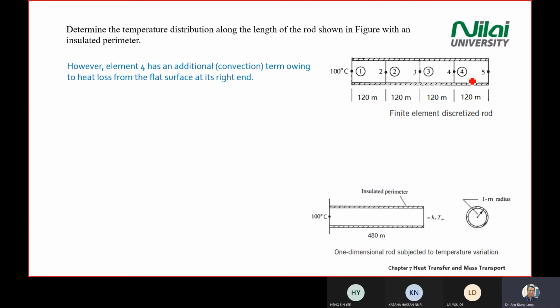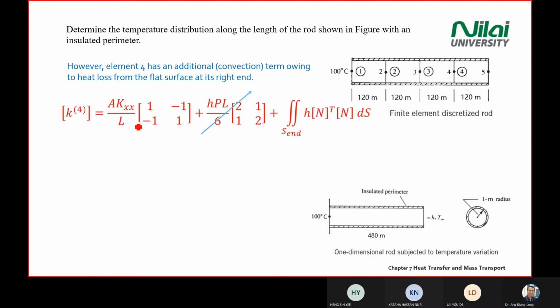All right. So for element 4, we have a special treatment for that. Because it has an open-ended, then you can only cancel the middle one. For element 4, we don't have convection happen inside here, but we have an open-ended section at the end here.